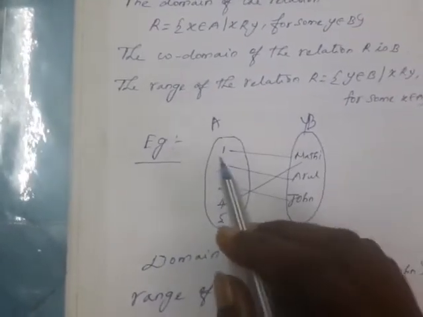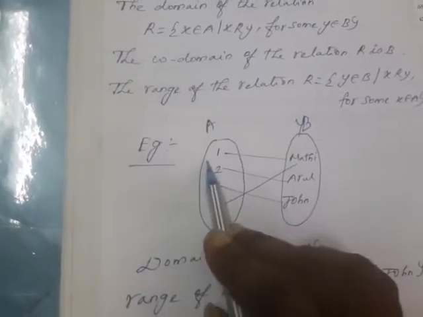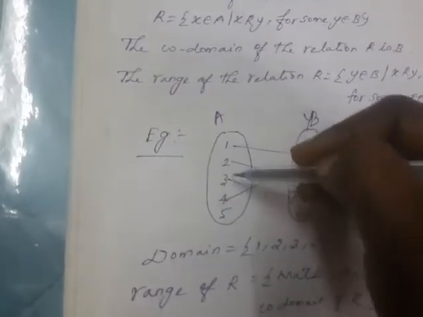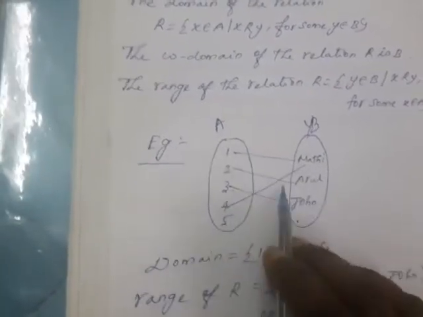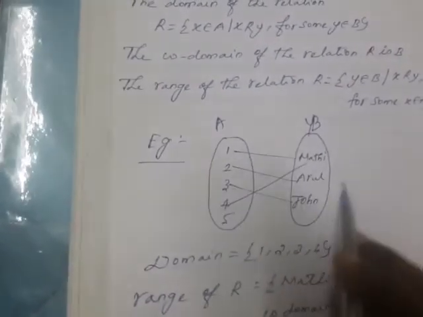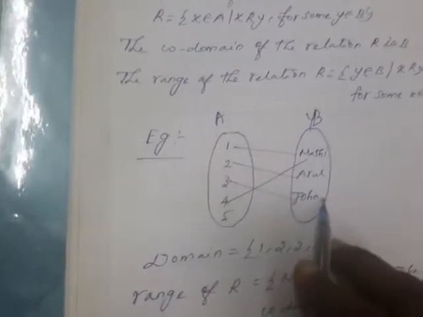Here, what is given? This is called the domain. What is in A, that is called the domain. What are all having the relation, that is called the range, and also the codomain. The domain is 1, 2, 3, 4.